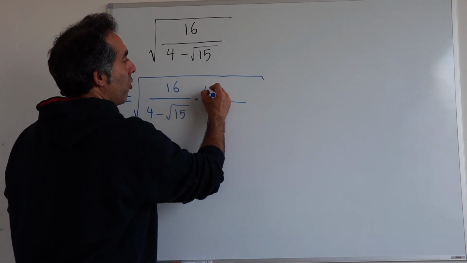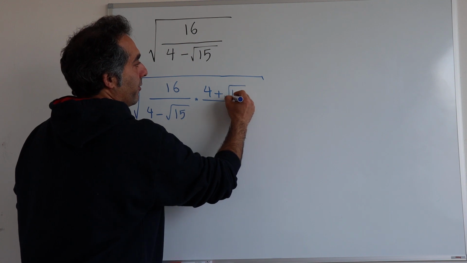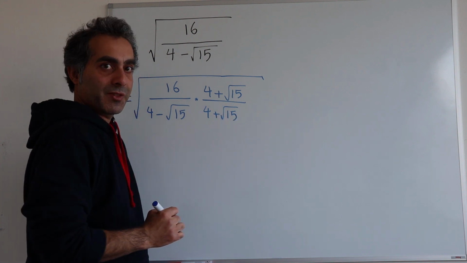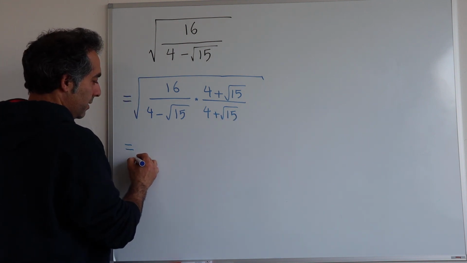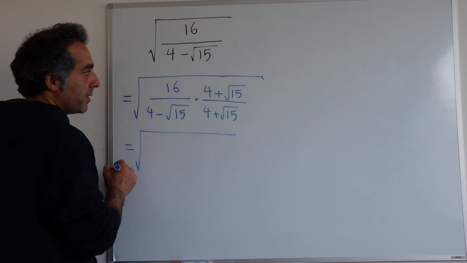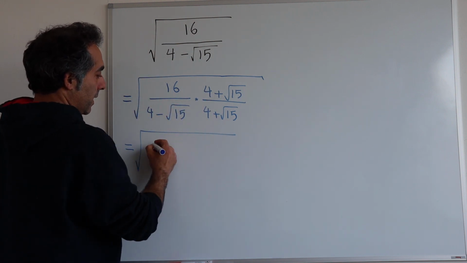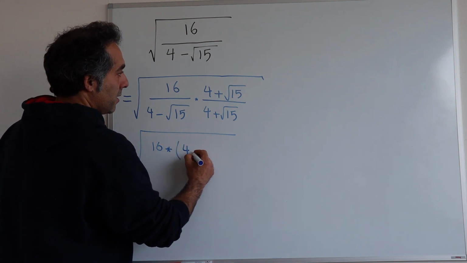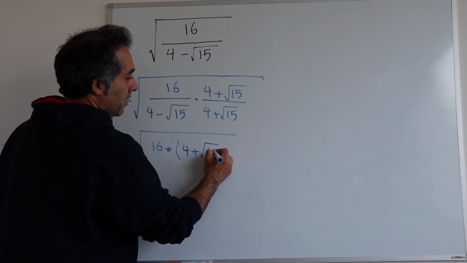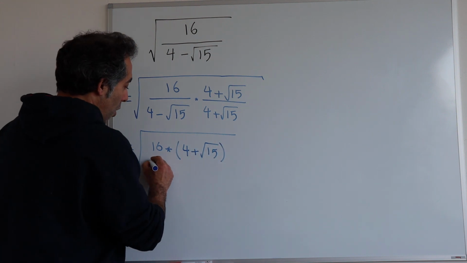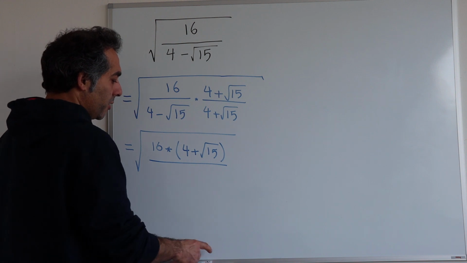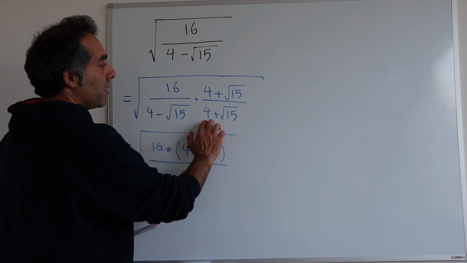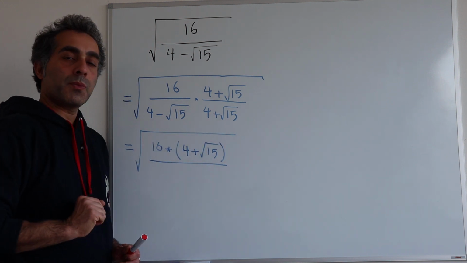The conjugate is 4 plus the square root of 15. Now I can write the numerator as 16 times the parenthesis 4 plus the square root of 15, over the denominator, which is 4 minus the square root of 15 times 4 plus the square root of 15.